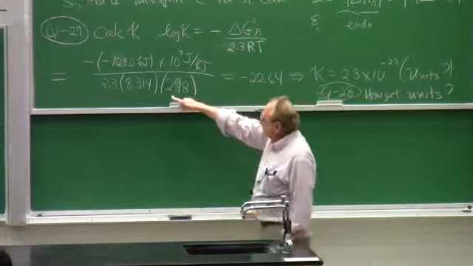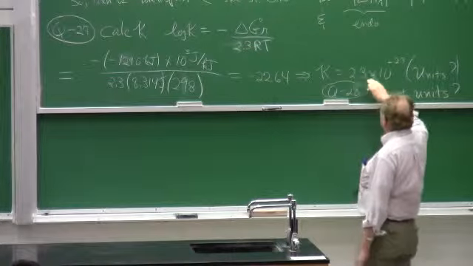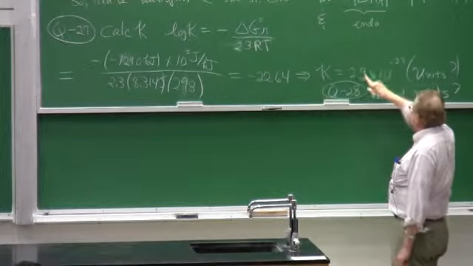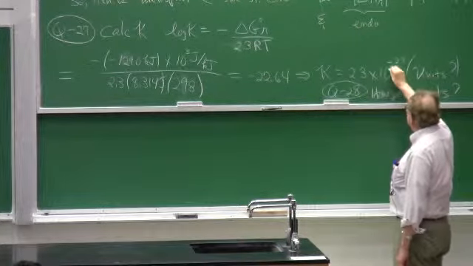Now then, from this arithmetic, we will get this numerical value with no units. So numerically, K for this transformation at 298 K is 2.3 times 10 to the minus 23. But if we're going to do anything practical with an equilibrium constant, we need units.